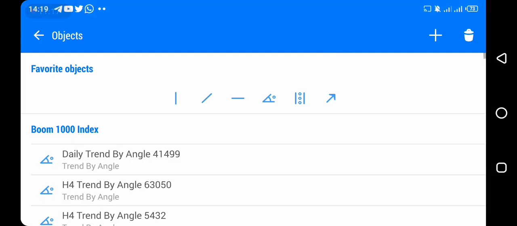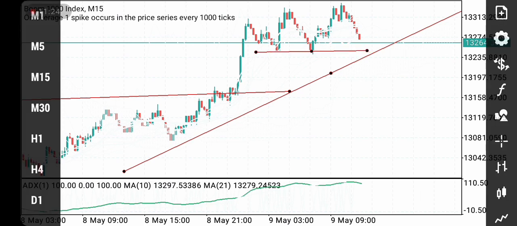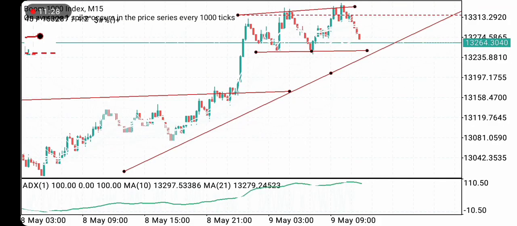For instance, here, just locate your support. These are our support. And also you draw your resistance line.